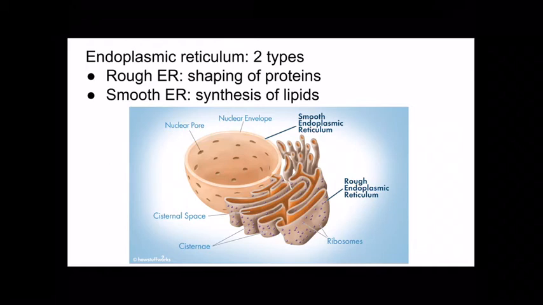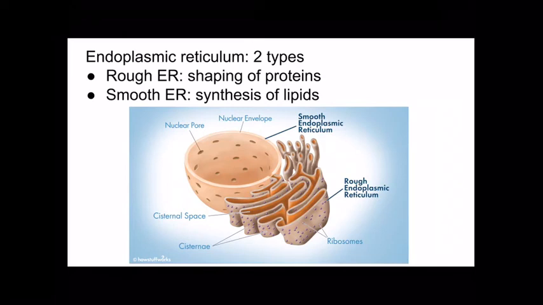Okay, so we have the rough ER and the smooth ER, and one of the things that you'll see as we look at individual cells, although we're not going to do it in this class, is there are variations on the endoplasmic reticulum in specific specialized cells. Like in muscle cells, we see something called the sarcoplasmic reticulum.